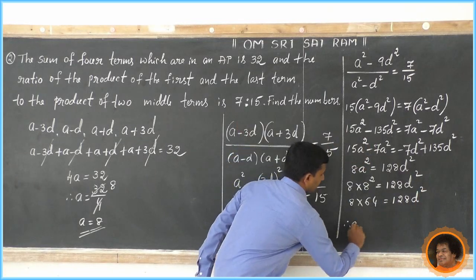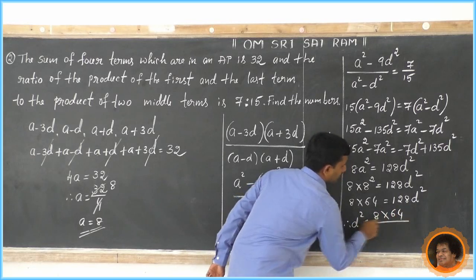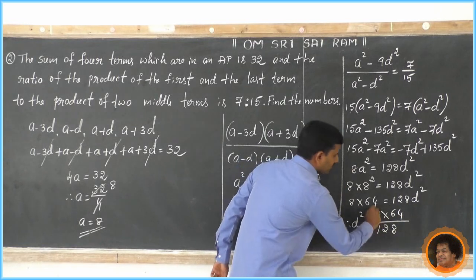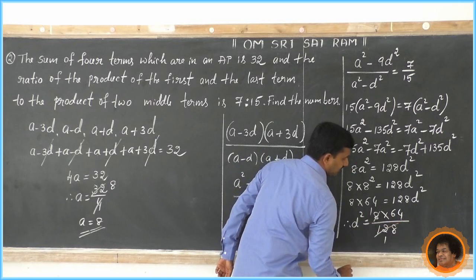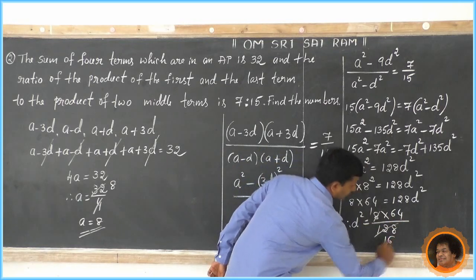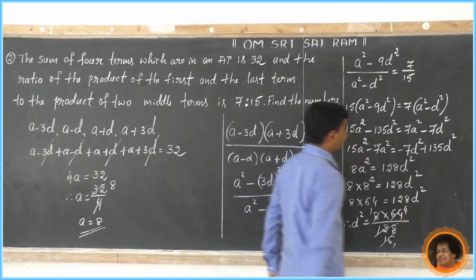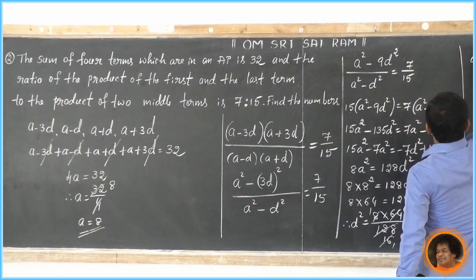Therefore d square equals 8 into 64 divided by 128, which is 4.